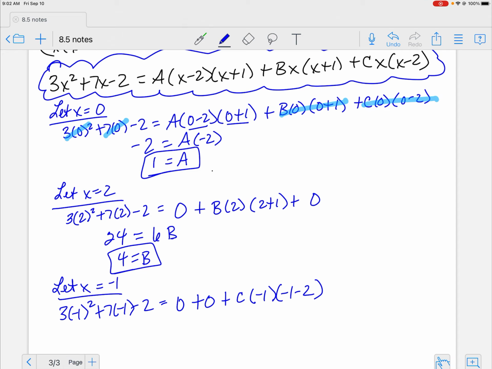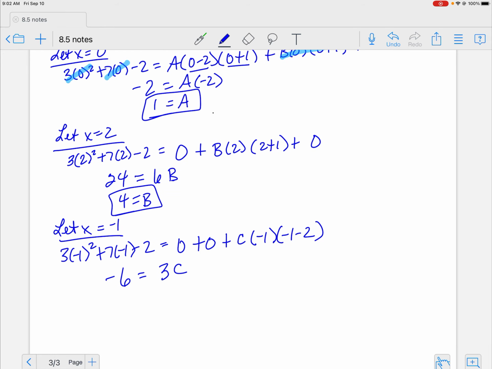So I've got 3 minus 9, so it's negative 6. And then I've got negative 3 times a negative 1, which would just be positive 3. So divide both sides by 3, and C is negative 2.